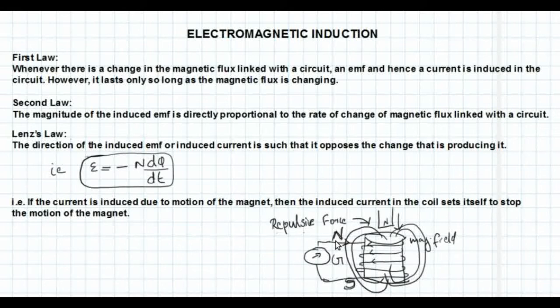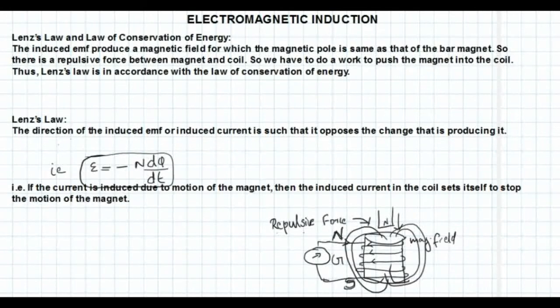The top end of the coil should be north pole, because there is a repulsive force, and that repulsive force demands external work to be done on this bar magnet for the bar magnet being inserted into the coil.